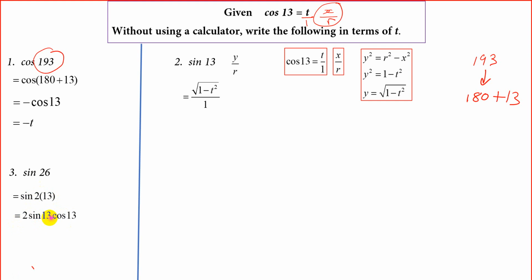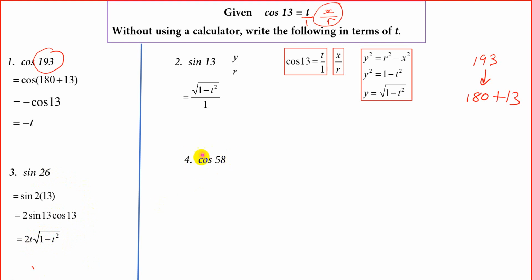So we have 2 sine 13 cos 13, and then we substitute. We know what sine 13 is, and we know that cos 13 is t. So sine 13 is replaced with the root of 1 minus t squared, and cos 13 is replaced with t. And there we have sine 26 represented as 2t root 1 minus t squared.